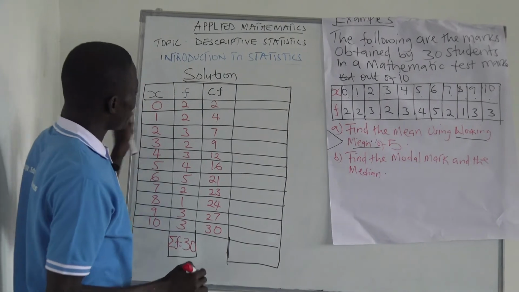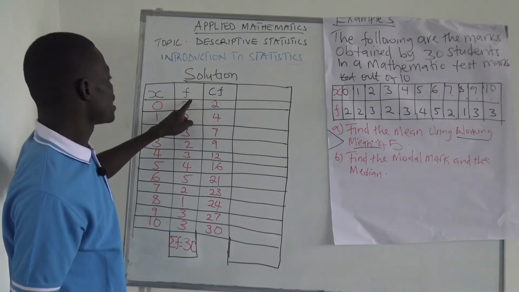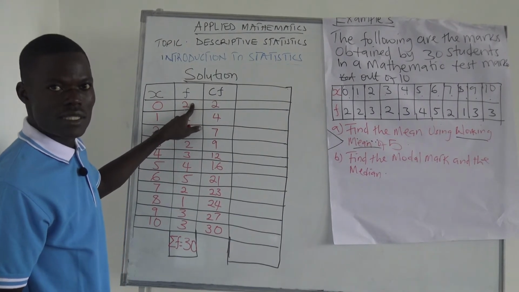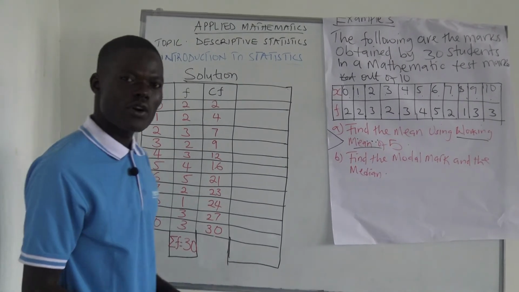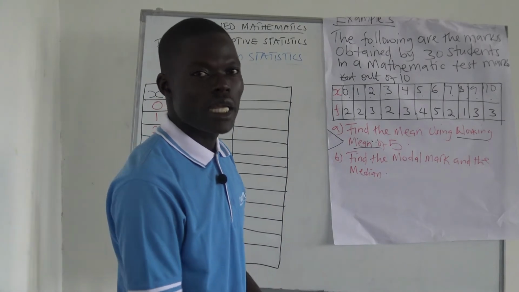The first cumulative frequency must be the first frequency, and the last cumulative frequency must be equal to the summation of the frequency.